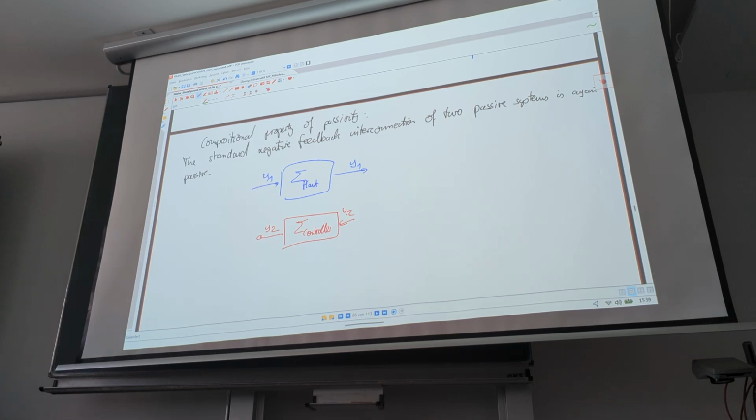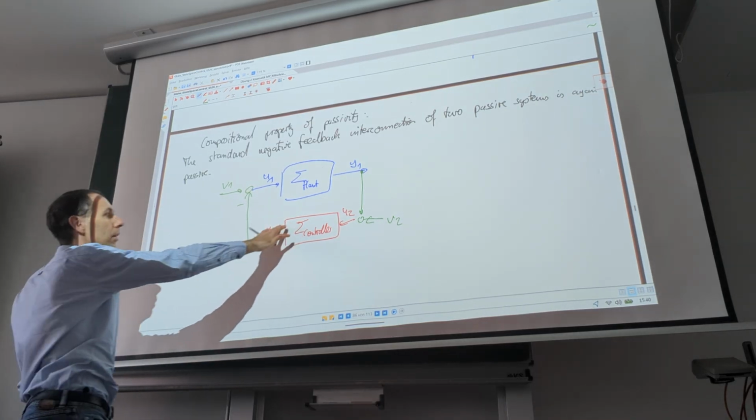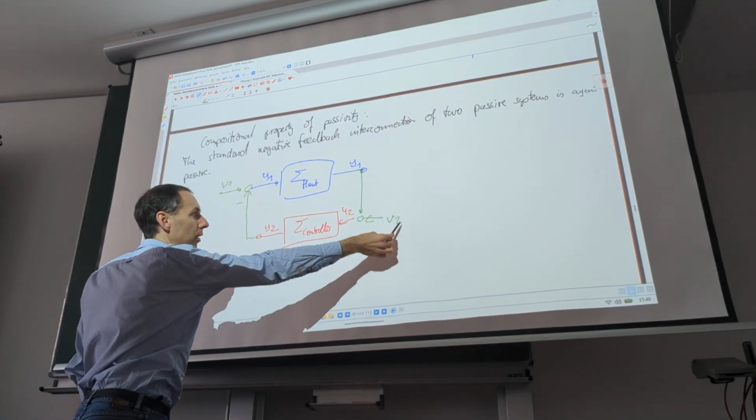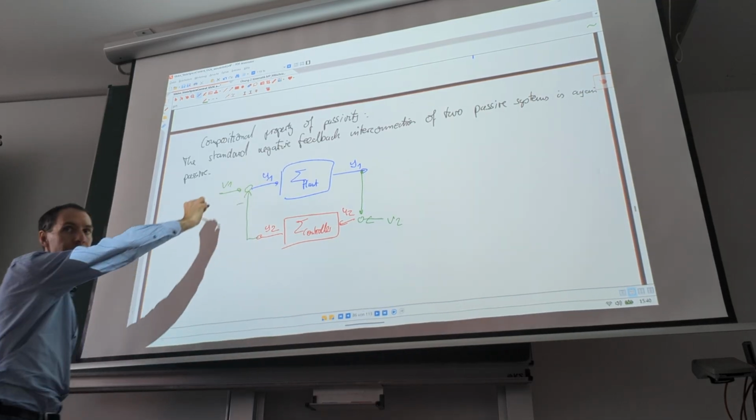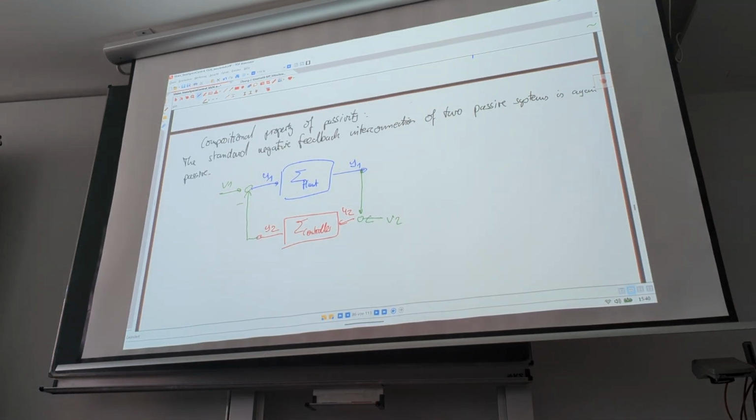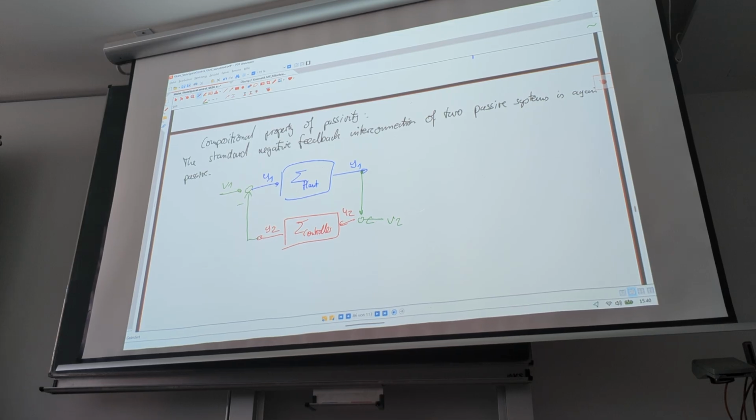And I close that with a standard feedback so that I have some v1, and this goes in here as the negative feedback, and here I have some v2, and this goes in positively, so that would be the standard feedback interconnection of a plant with a controller. This could be, for example, some measurement noise or whatever we model there. This is our reference signal. Then this is again passive.